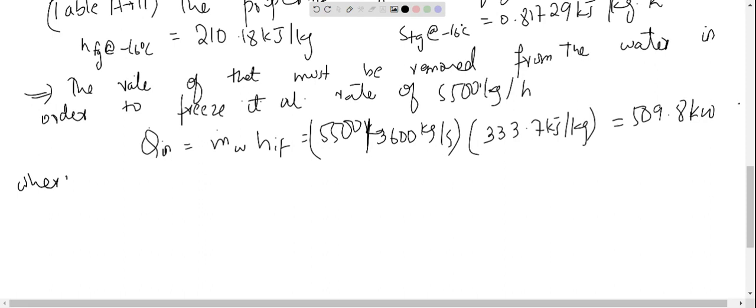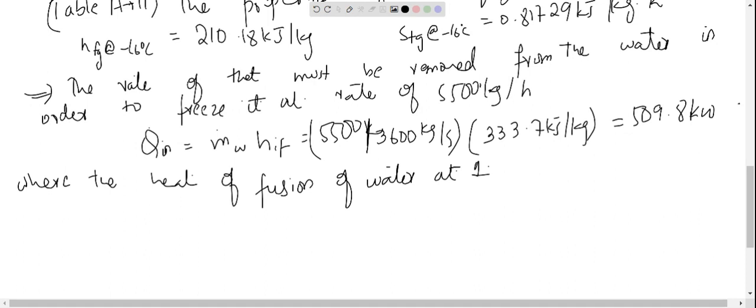Here the heat of fusion of water at 1 atm is 333.7 kilojoule per kg.